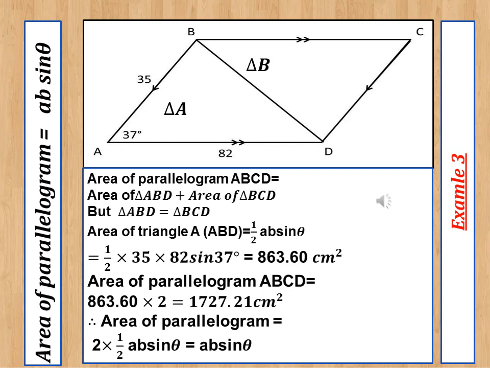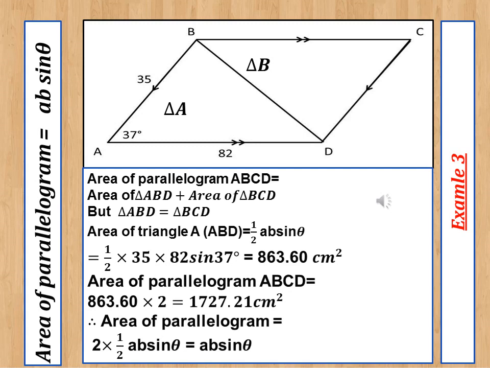That is the area of triangle ABD plus the area of triangle BCD. But the two triangles are congruent, therefore they are equal. So if you get the area of one, we just multiply by 2 to get the area of the whole parallelogram. In this case, the area of triangle ABD will be given by half AB sine theta.